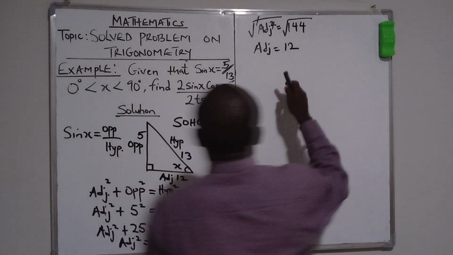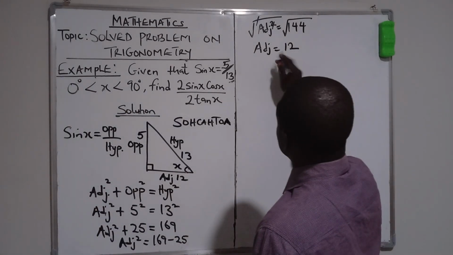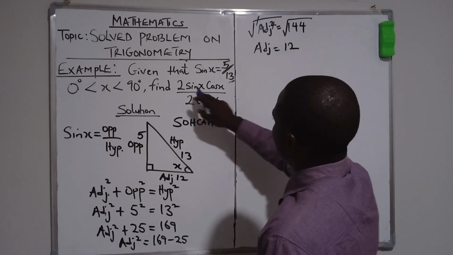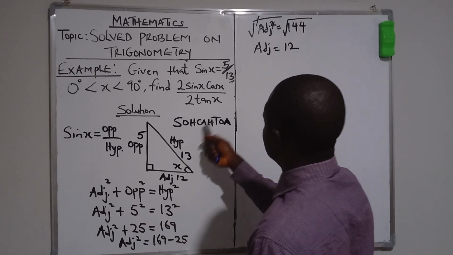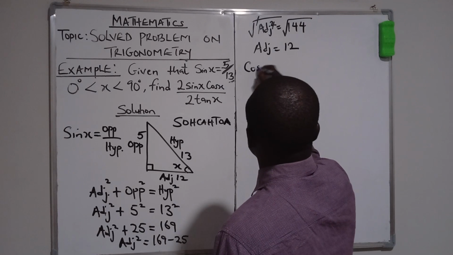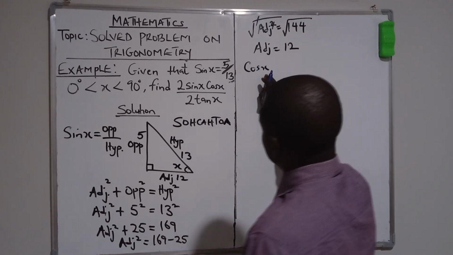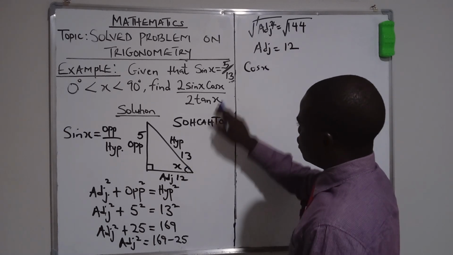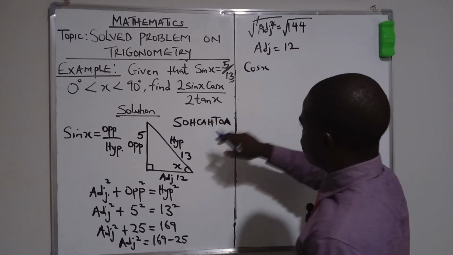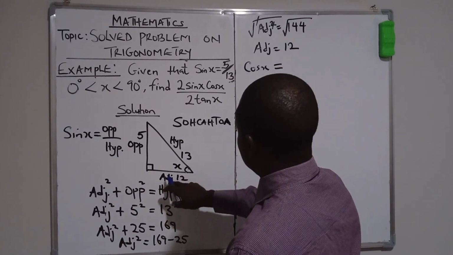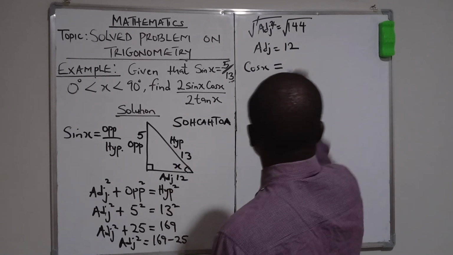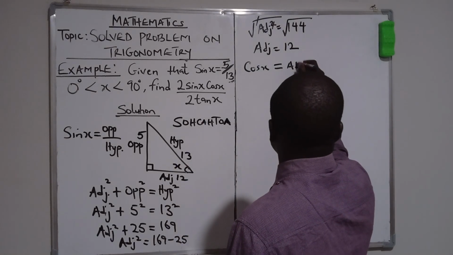Okay, now we have gotten the adjacent. We now go over what is cos theta. Cos x, by using x to represent the theta, since that is what you are given. Cos x equals adjacent over hypotenuse.